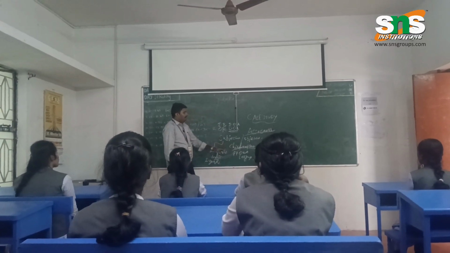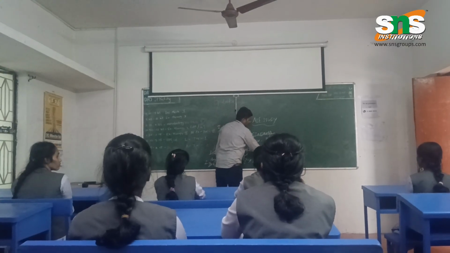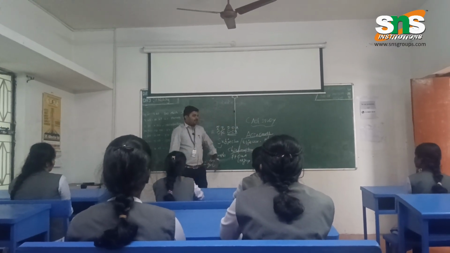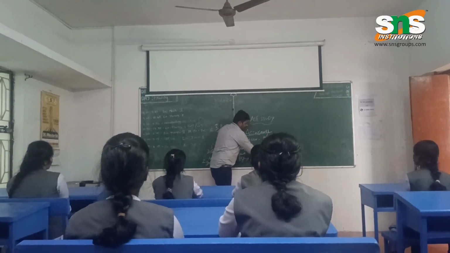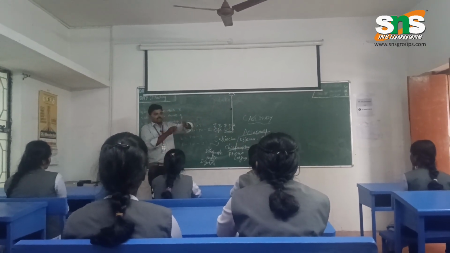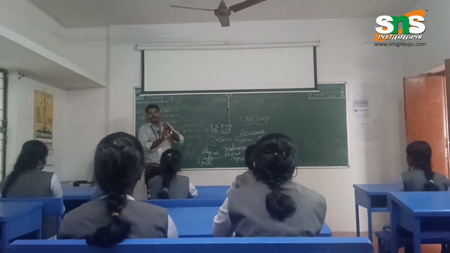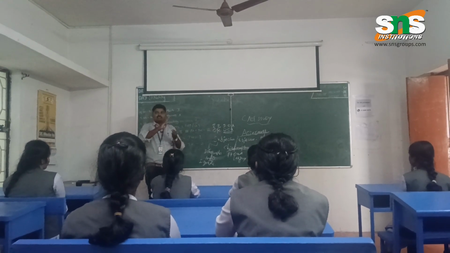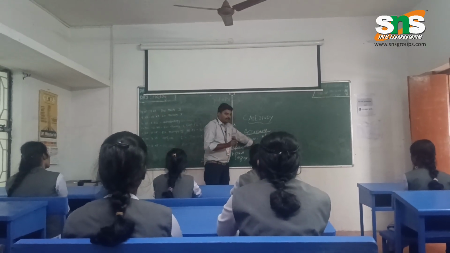Then you go for history collection. Okay, history. First we'll see about past medical history. Some conditions relevant to the past, any trauma, any previous surgery. These are the data collected from past history.